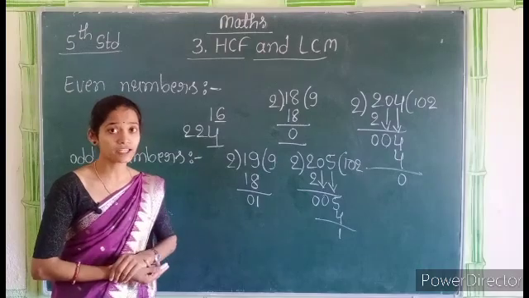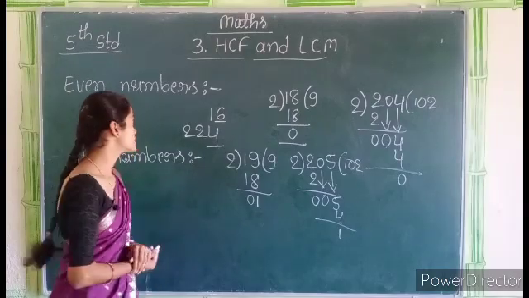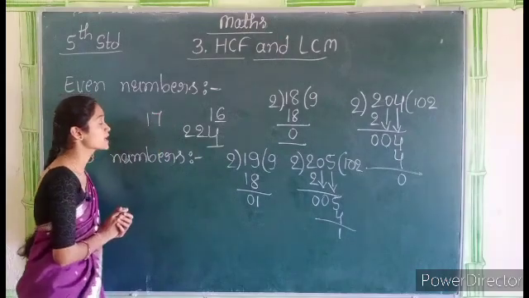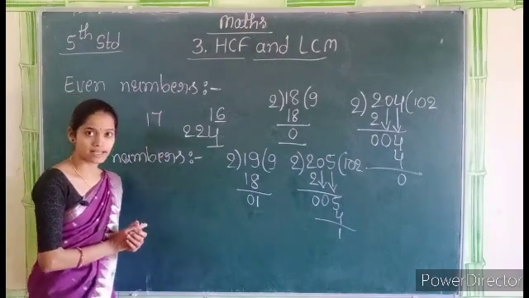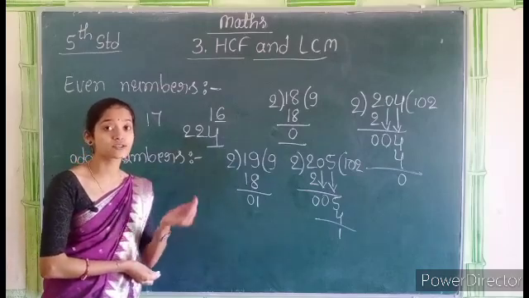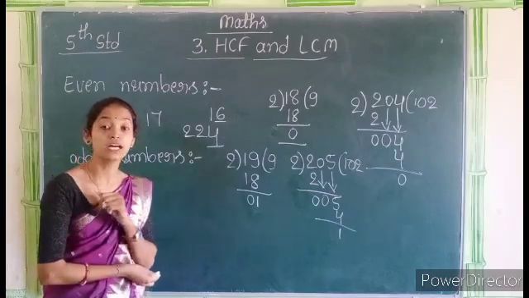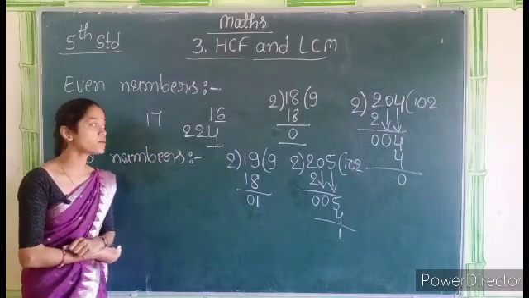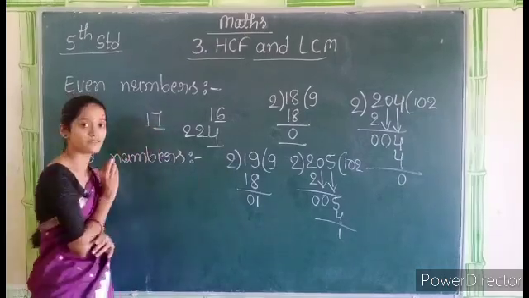Then how can we identify an odd number? See, I will consider 17. 7 is in the ones place, right? If the ones place digit is not divisible by 2, then that number is said to be an odd number. In the ones place we have 7.